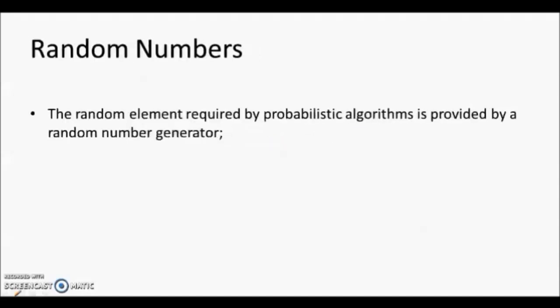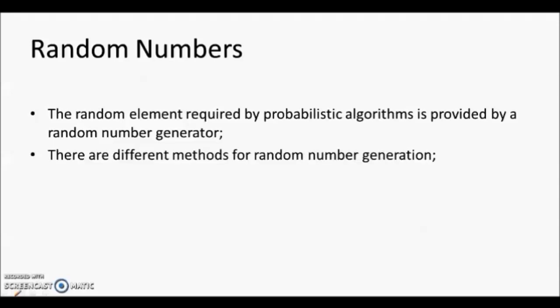Next, we are going to see about random numbers. The random element required by probabilistic algorithms is provided by a random number generator. Of course, this does not generate numbers at random. Only a truly random process such as radioactive decay could do this.